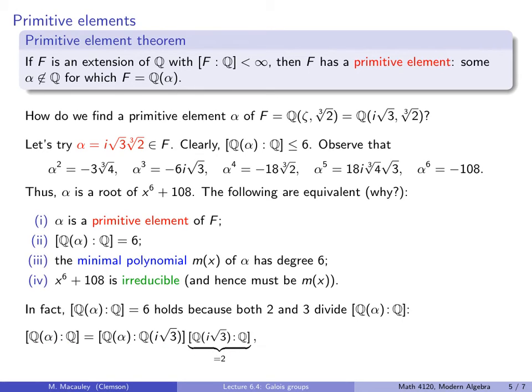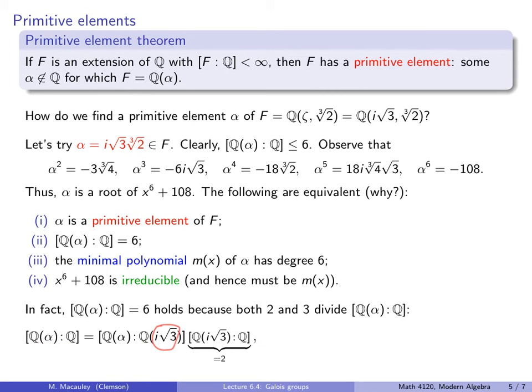Although before I can actually say that, I need to establish that this subfield, Q adjoin i root 3, is indeed a subfield of Q adjoin alpha. Otherwise, the statement doesn't make sense. And to see that, I claim that we can generate i root 3 from alpha.